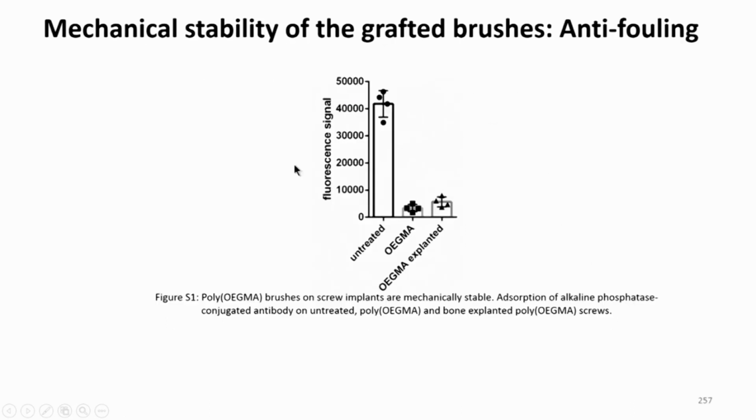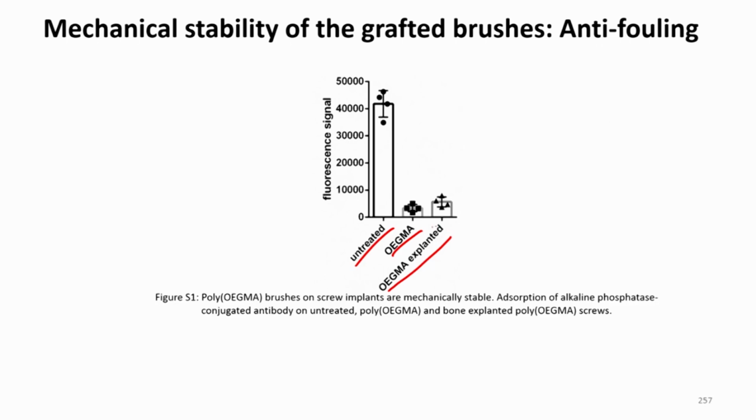Then, because it is going to be used for bone, let us say bone screws, bone metals, there is going to be a lot of mechanical stress on it. So, they tested whether these coatings survive this. What they did is they used untreated surfaces and the oigma surfaces, and they also used a surface which they implanted in a cadaver and explanted it.